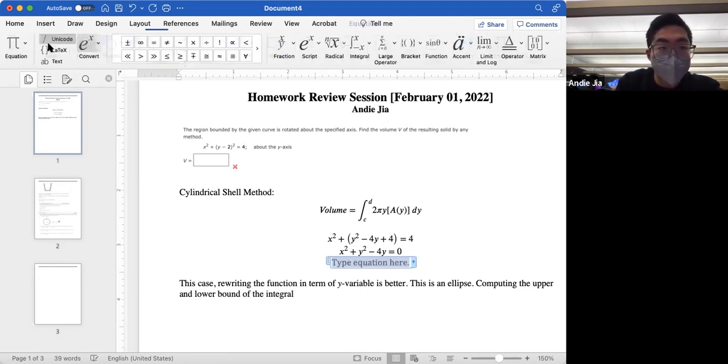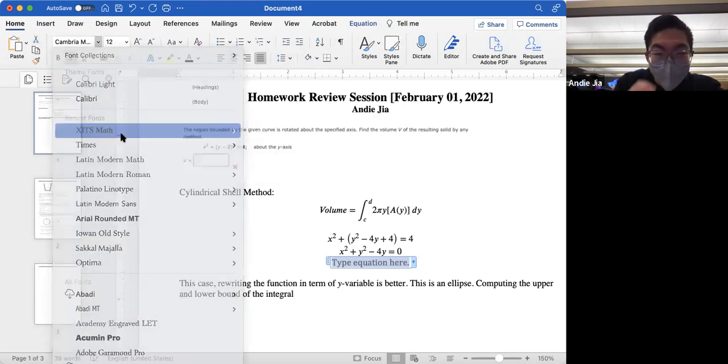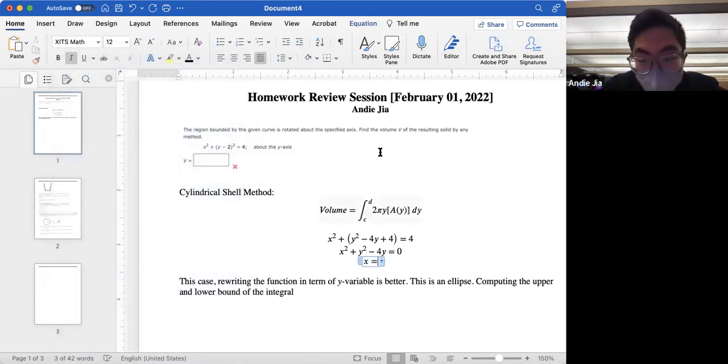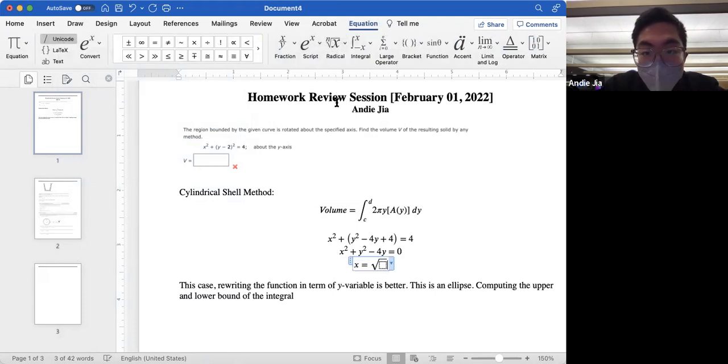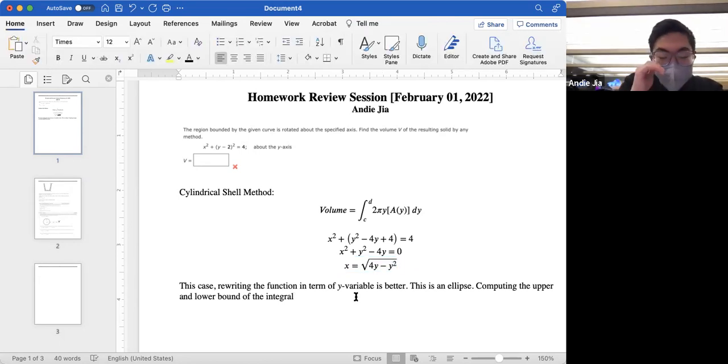So x is going to be the square root of 4y minus y squared, and y goes from 0 to 4.